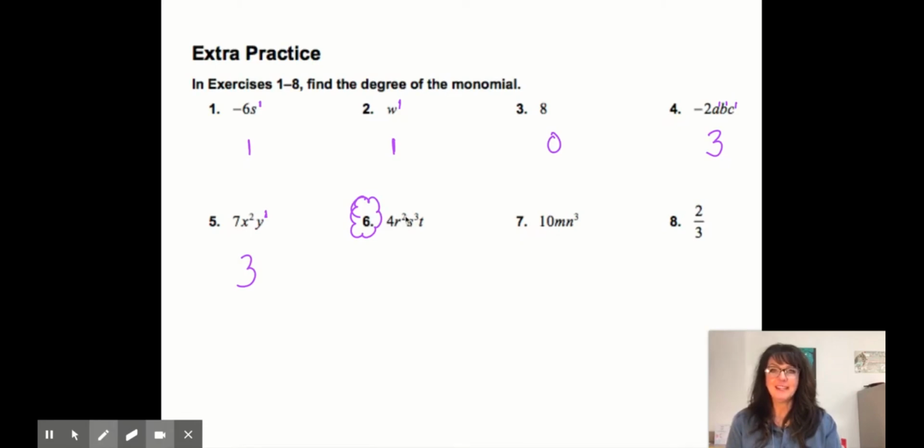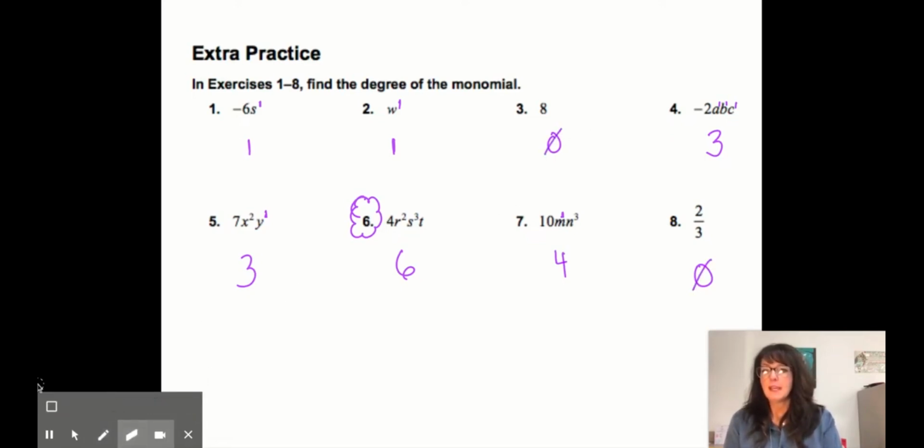Hopefully you said that it is 2 plus 3 plus 1, or 6. For number 7, 1 plus 3, 4, and number 8, 0. I like to cross my zeros even though I didn't cross that one. Okay, here we go. Moving right along.